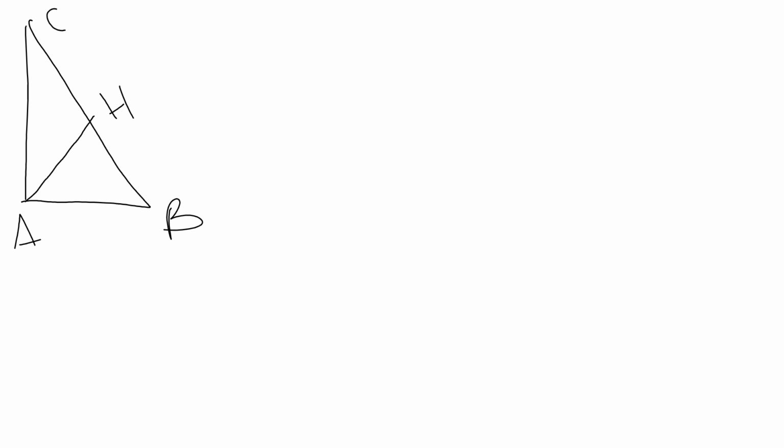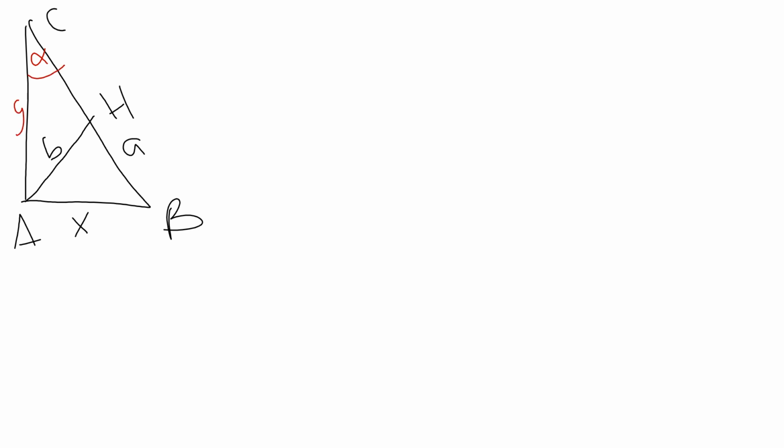So let me redraw. This is ABC, this is H, and then AHC. This is X, this is A, this is B, this is alpha, that is angle alpha there.